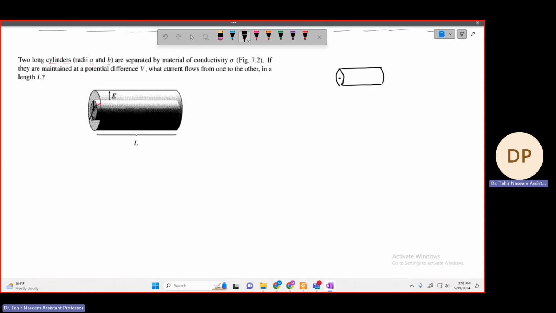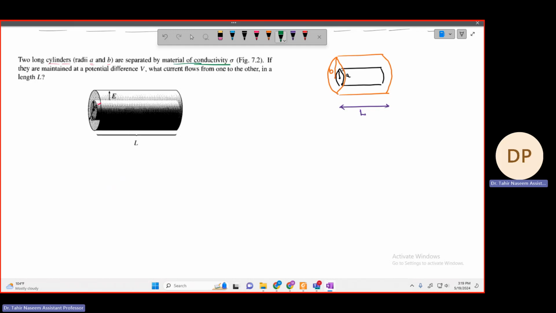So this is the radius A, and then we have an outer cylinder whose radius is B, right? And the length of these cylinders is L. These two cylinders are separated by a material of conductivity sigma.